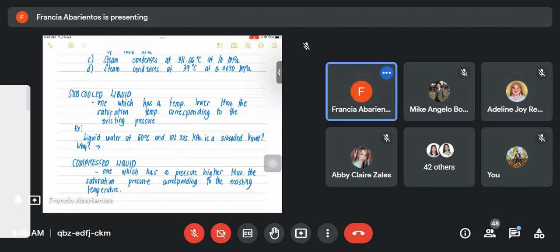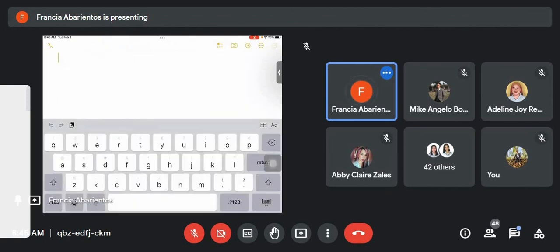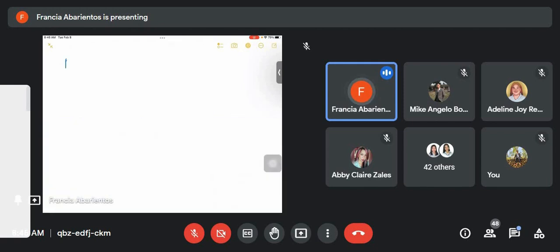Take note, the 0.100. Let me zoom in. You will see, class, in our pressure column you have 0.100, and what is given to us is 101.325. Convert it into megapascal, that is 0.1. But the next value in the steam table is 0.105.